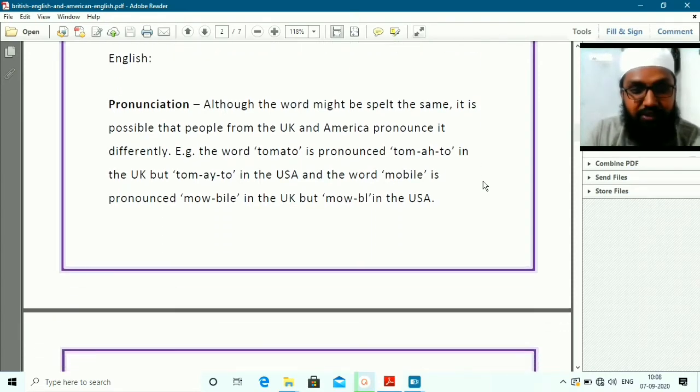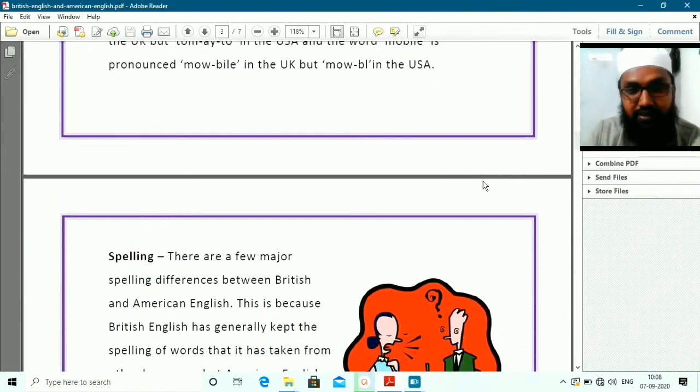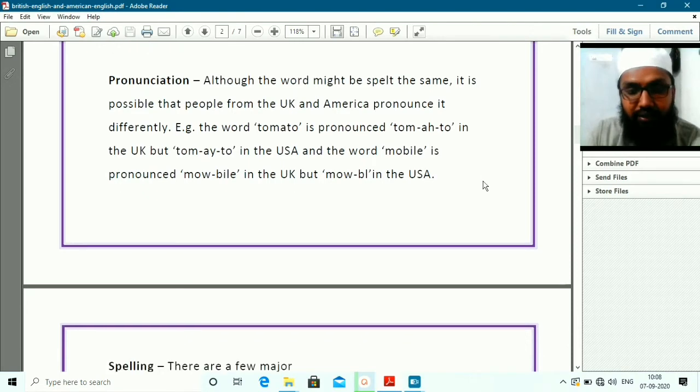This is what the differences are, in America itself. We can see major differences here. By seeing this, we can understand the differences.